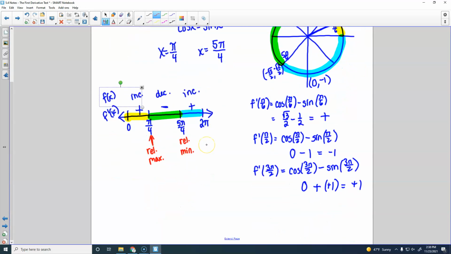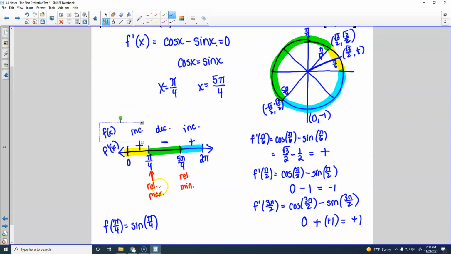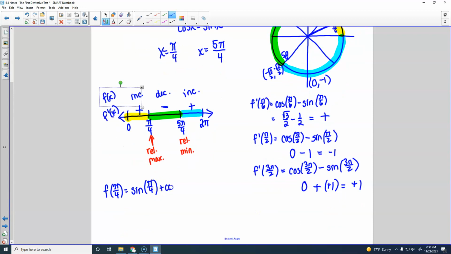So we need to make sure we plug it back into the original. F of pi over 4 is sine of pi over 4 plus cosine of pi over 4, which is going to be square root of 2 over 2, plus square root of 2 over 2, which gives you 2 square root of 2 over 2. 2's will cancel. We'll get square root of 2.